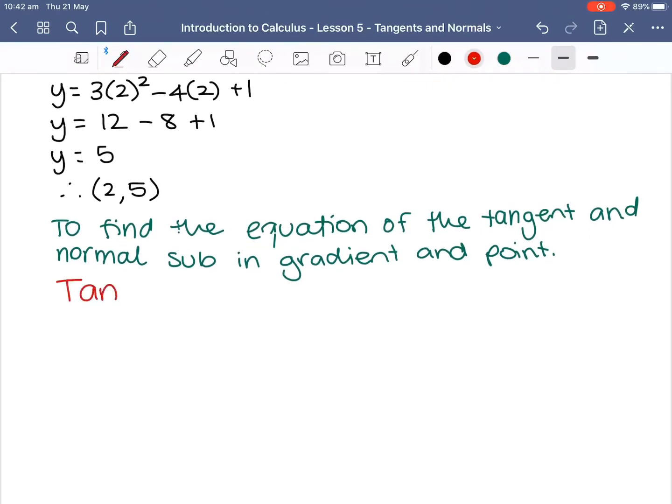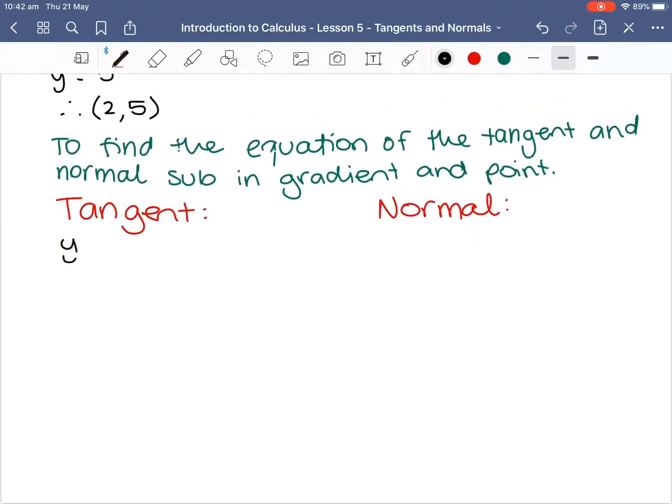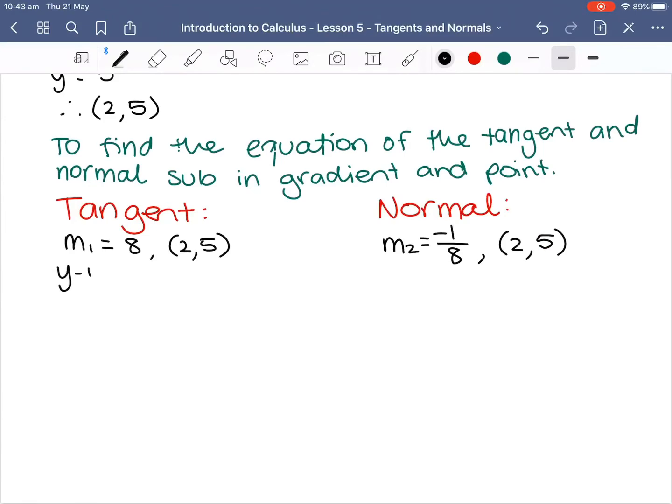So we have our tangent here and our normal. Let's write our point here. We have m1 equals 8 and the point (2, 5), and we have m2 equals minus 1 on 8 and we have the point (2, 5).